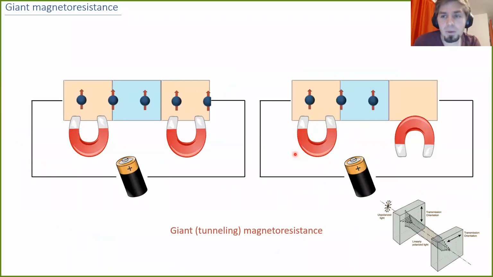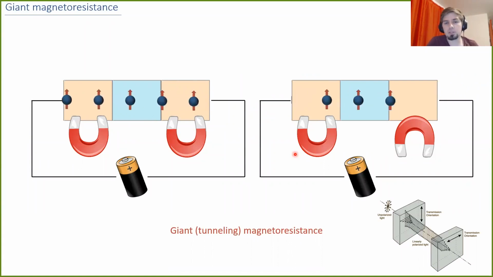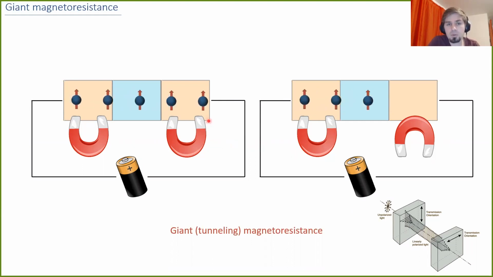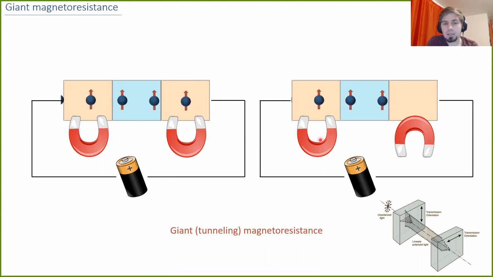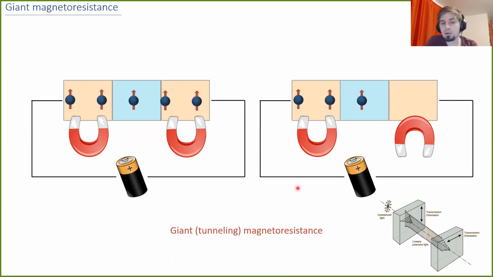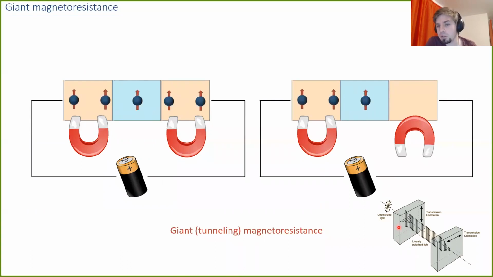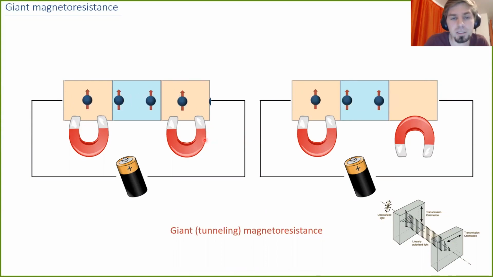In the ferromagnetic junctions or spin valves, the basic effect is the giant magnetoresistance, which is the difference in resistance between a junction which is parallel, so when both of the layers are magnetized in the same direction, and a junction which is antiparallel. On the most basic level, the way we can understand this effect is as an analog of having two optical polarizers, as shown here. In a ferromagnet, we have a spin-polarized current.